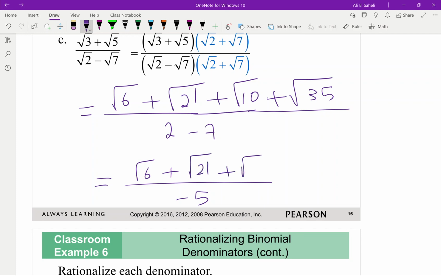Radical 10 again stays the same, and radical 35, it's 5 times 7, so it doesn't help. And the minus can go up here instead of here.